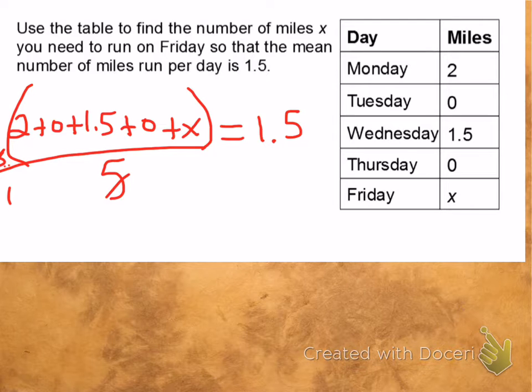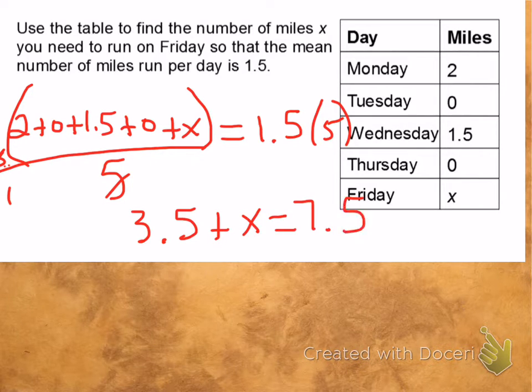So 1.5 times 5 is 7.5. So on the left side, when I combine 2 plus 1.5 plus x, I'm going to have 3.5 plus x equals 1.5 times 5 is 7.5.